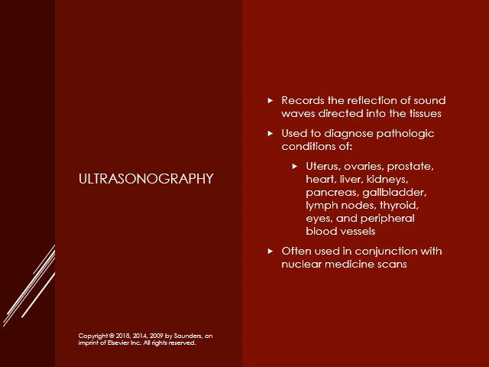The echo reflection pattern is displayed on a monitor, and pictures are placed onto that monitor to be recorded or printed. This procedure can take about 35 to 45 minutes. There is no particular aftercare needed when sonograms are performed.